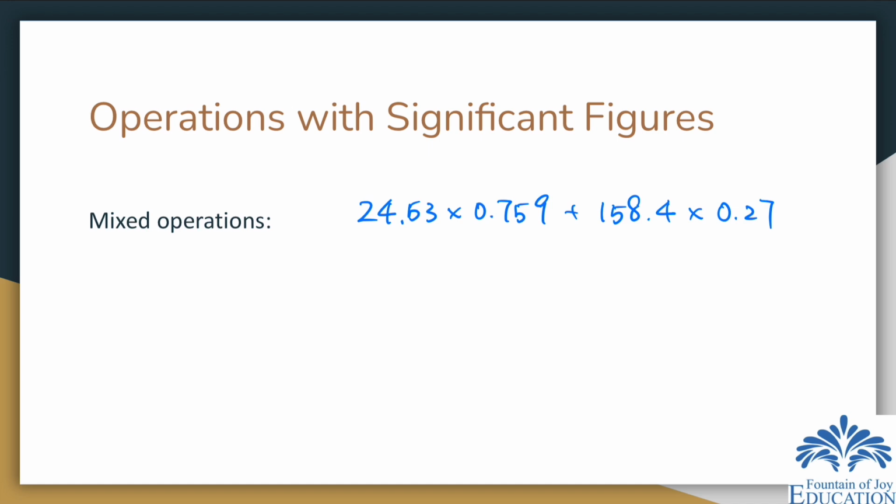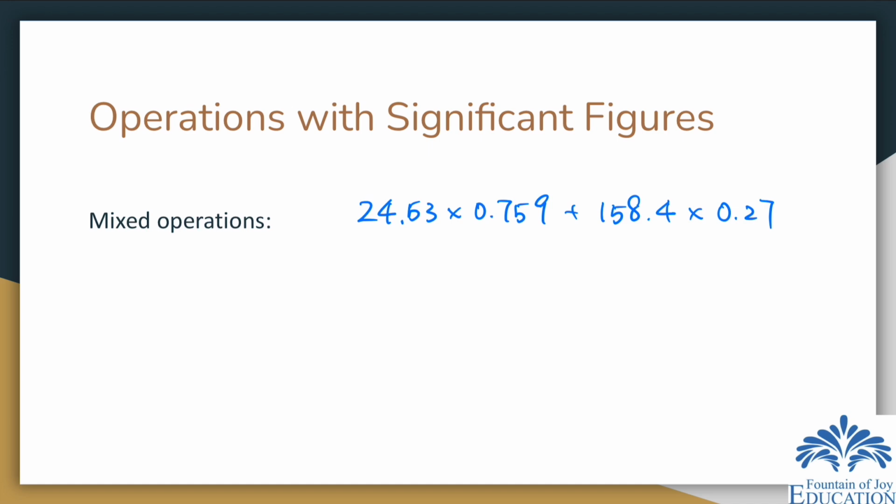When we do a mixed operation, we always have to follow the proper operational order. So in this case, multiplication comes before addition. So we will do the 2 multiplications first.